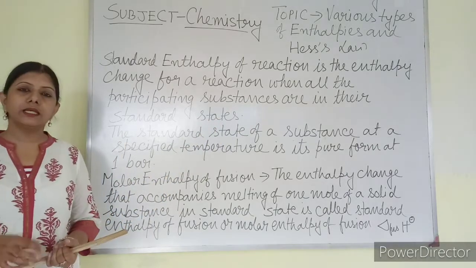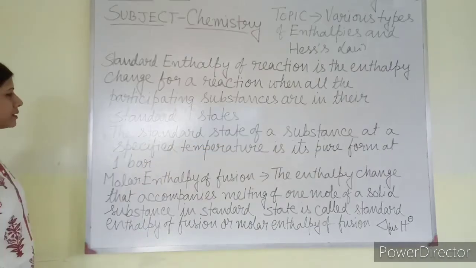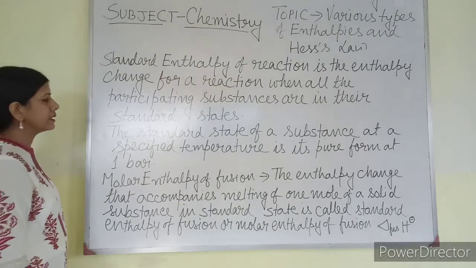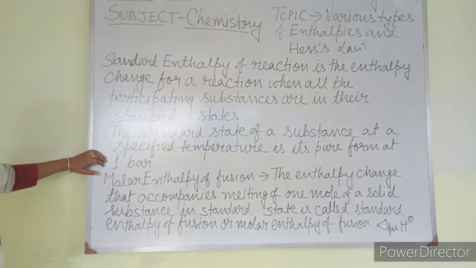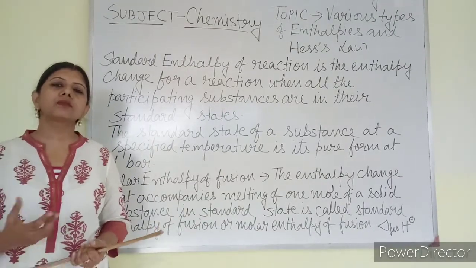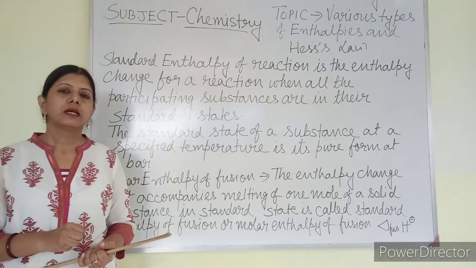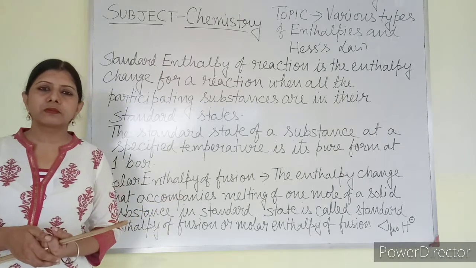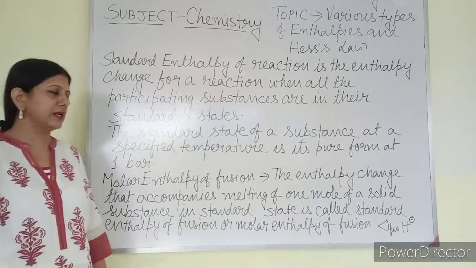Standard states means what? That you have to know. So the standard state of a substance at a specified temperature is its pure form at 1 bar. That means pressure is constant. As I told you earlier that most of the chemical reactions are performed at constant pressure. 90% of the reactions are performed at constant pressure, and enthalpy of that we can calculate properly.